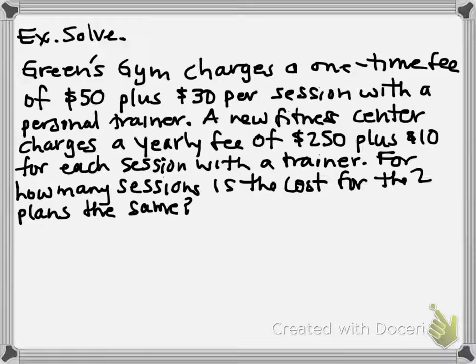What's our unknown in this problem? What's our x? What's the question being asked? How many sessions? So this would be number of sessions with the personal trainer. And I'm going to call him a PT, personal trainer.